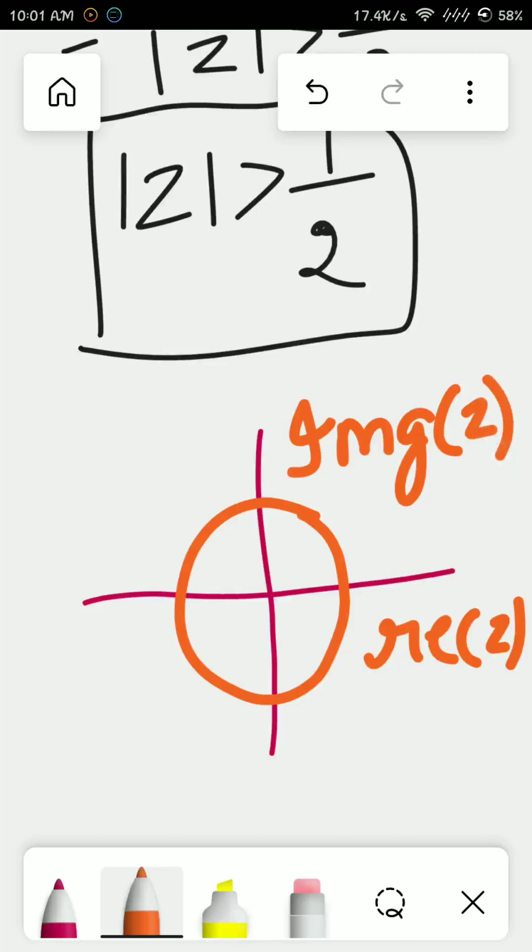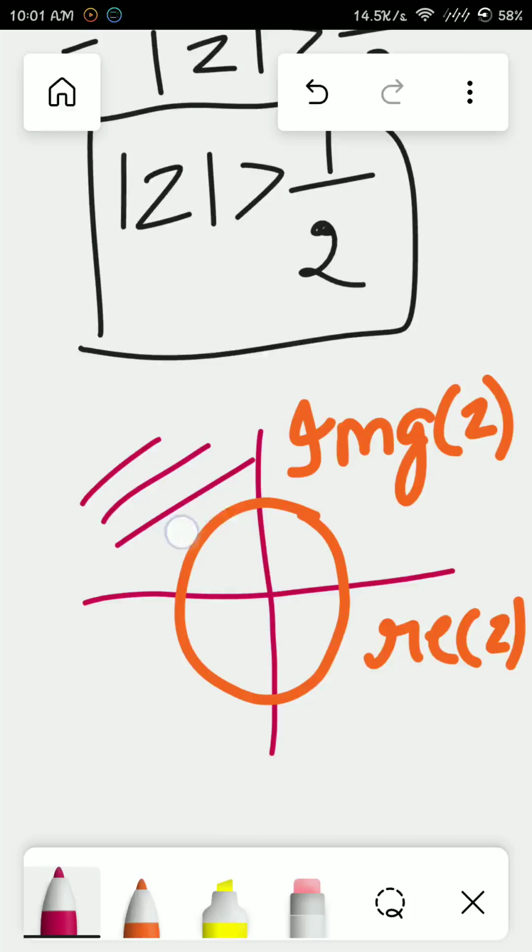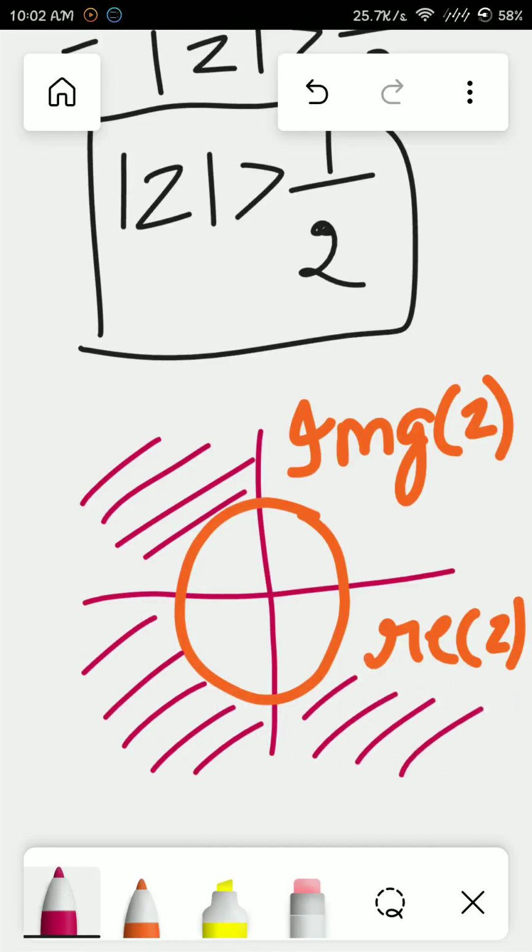Then you are going to shade outside the circle. So your ROC lies outside the circle, and you have to mark and mention it as 1 by 2. Your ROC is mod z greater than 1 by 2, right? So this is your given question, and this is the answer.